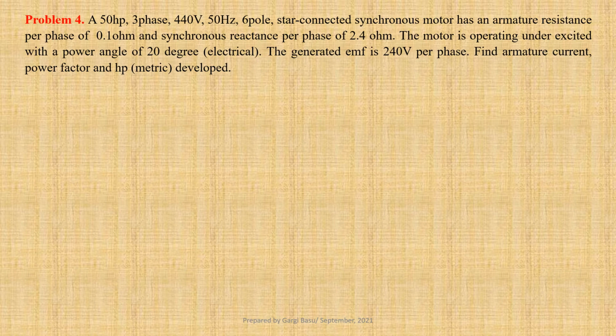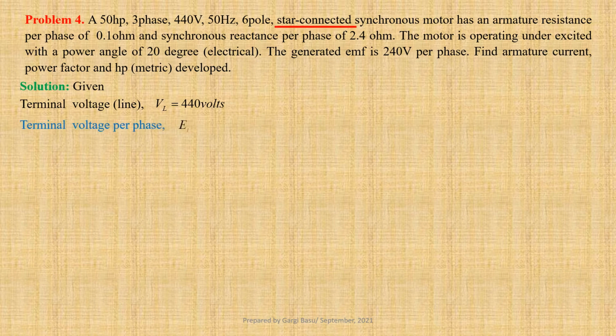Let us first write down the given data. Line-to-line terminal voltage VL equals 440 volts. Since the armature winding is star connected, terminal voltage per phase ET equals VL by root 3.